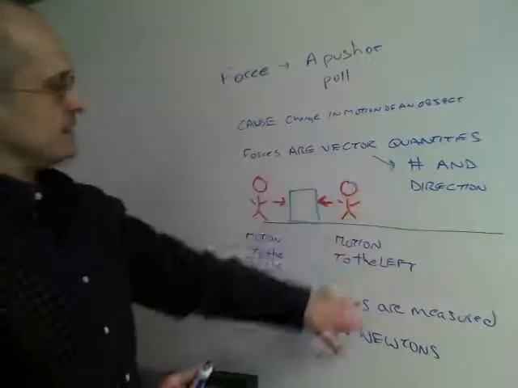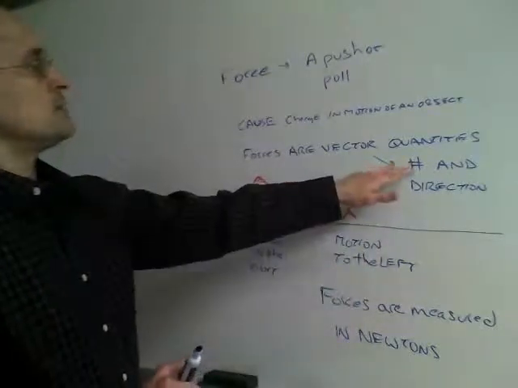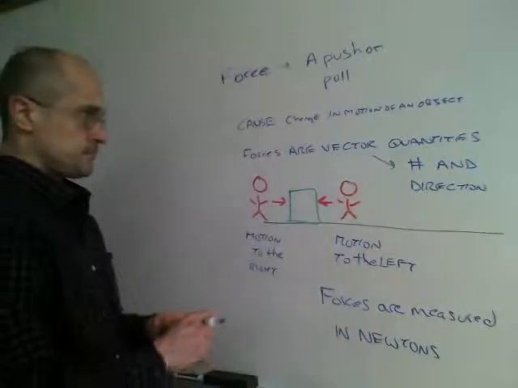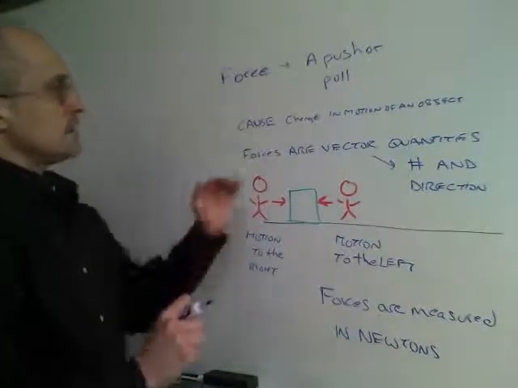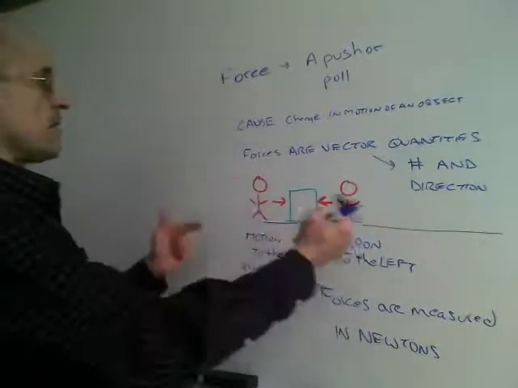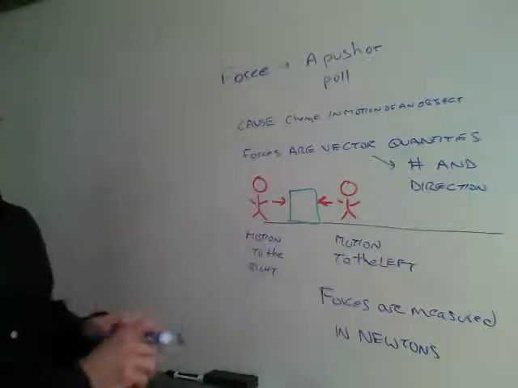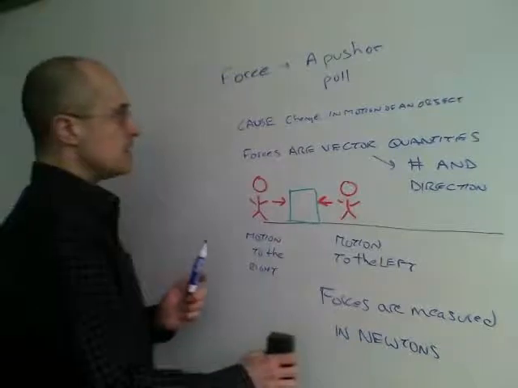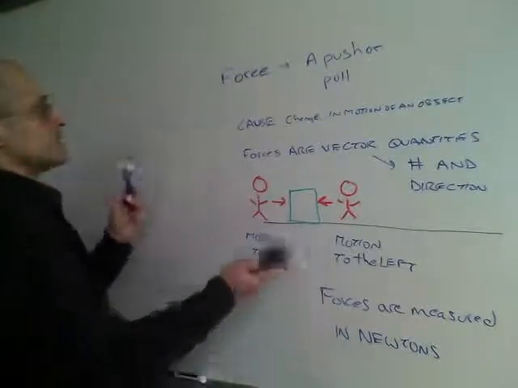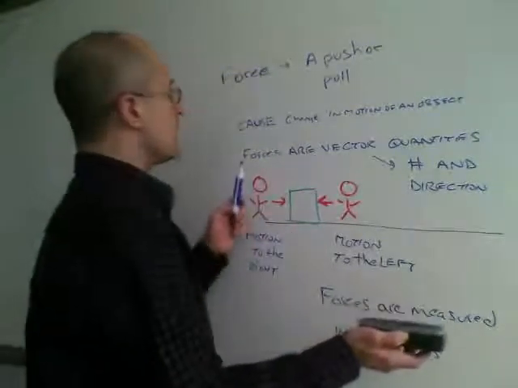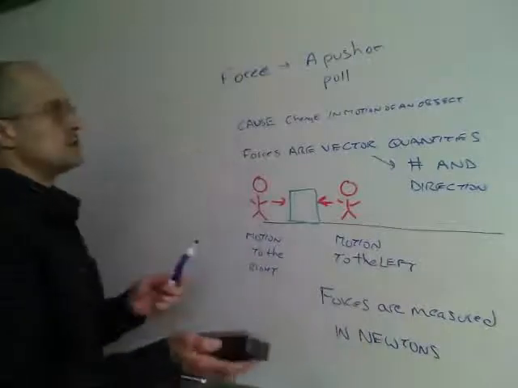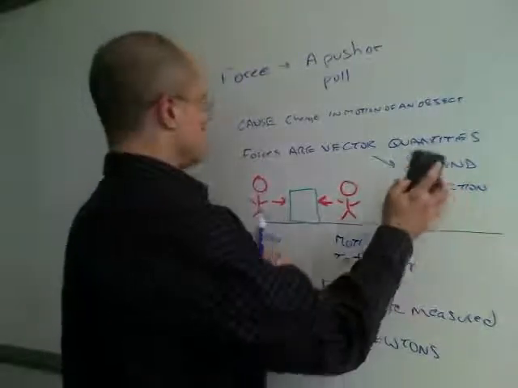The Newton is the measure of a force, and the directions matter because we will look at how forces interact with each other. So forces are a vector quantity. They're essentially a push or a pull, and they're what causes change in motion of an object.